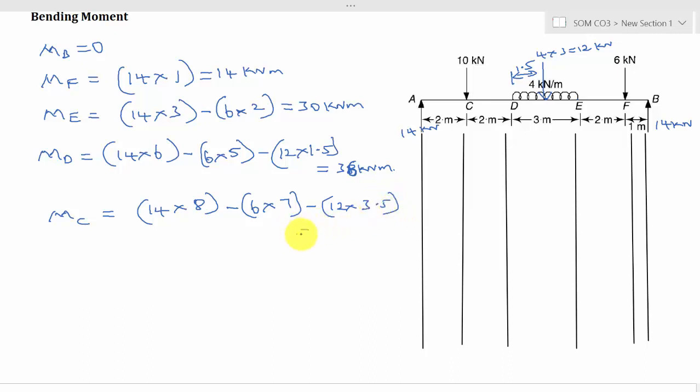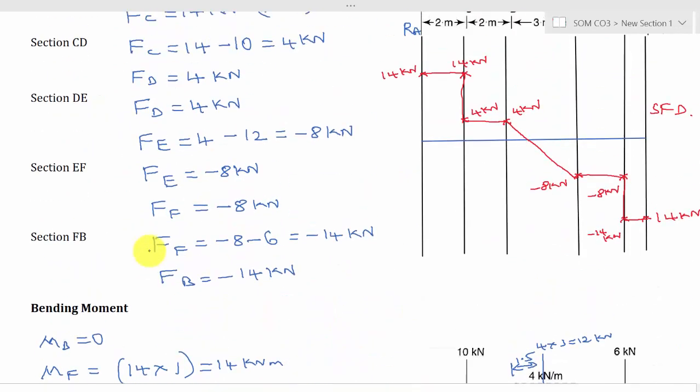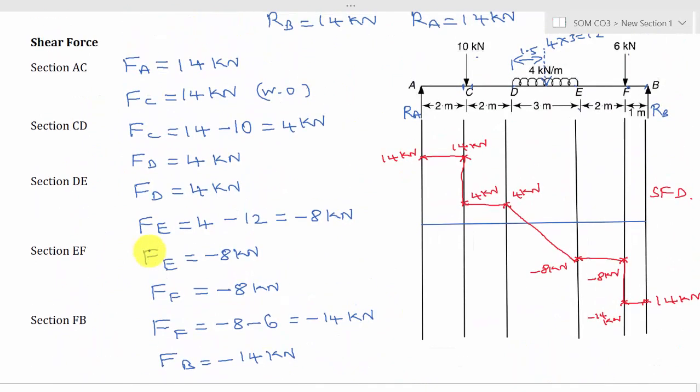So that is equal to 28 kilonewton meter. Then finally MA will be equal to 0 because the bending moment is 0 at the extreme points. Okay, fine. So now one more point we have to calculate, that is the point of contraflexure.